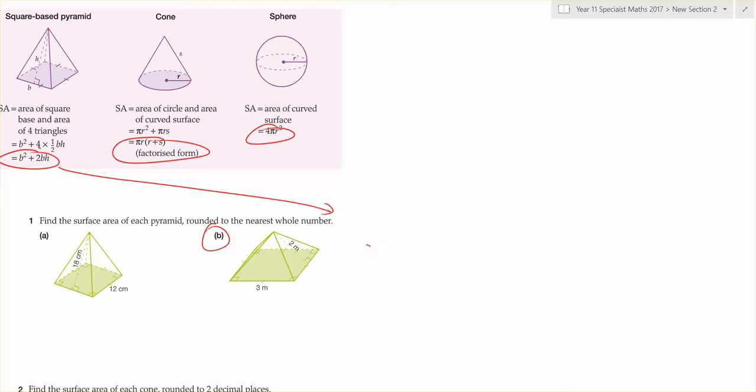The surface area is given by b squared, base squared, plus 2 times base times height. So base squared is 3 squared, plus 2 times base times height, which is given by h, 2. Notice that height is talking about the slanty height, not the vertical height.